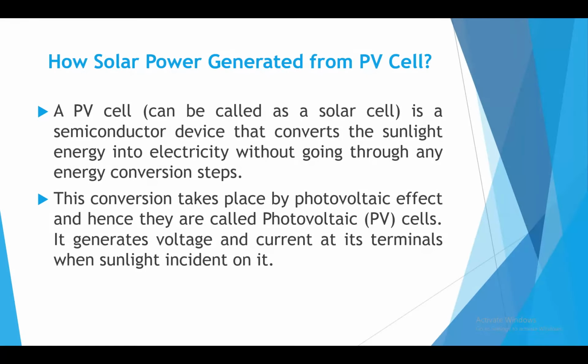How is solar power generated from a PV cell? We have studied that solar energy can be converted into electrical energy with the help of a PV cell, which is made up of semiconductor material, silicon. A PV cell, which can be called a solar cell, is a semiconductor device that converts sunlight energy into electrical energy without going through any energy conversion steps.